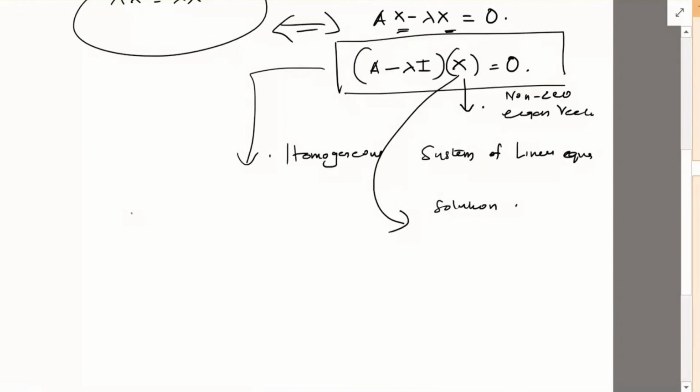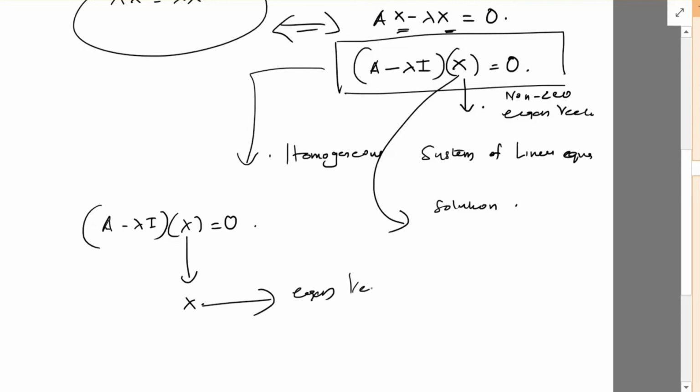Which homogeneous system? (A minus lambda I) into x equal to 0. We have to find the solution of that system. That solution will be this x, and that solution will be the eigenvector corresponding to the eigenvalue lambda.